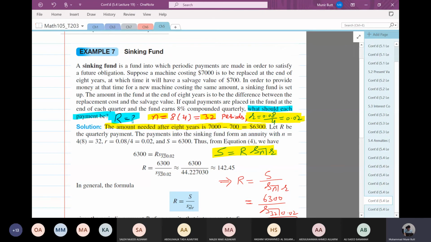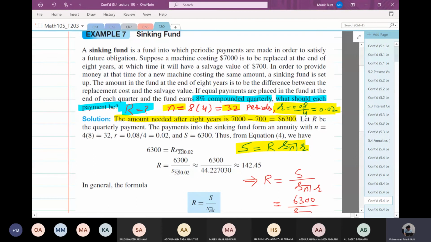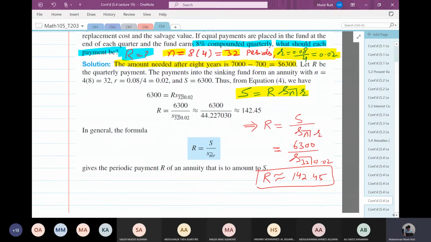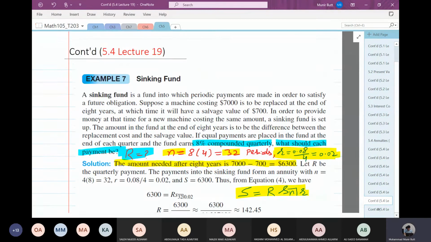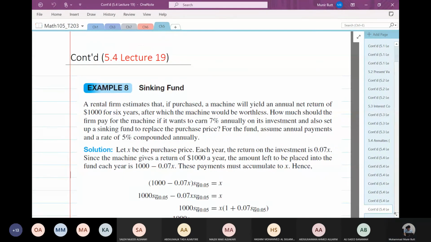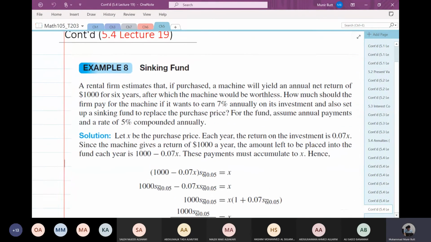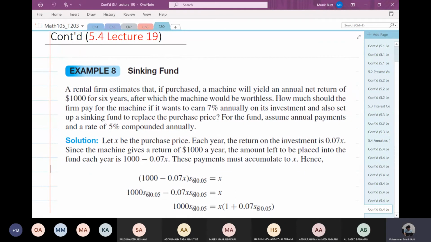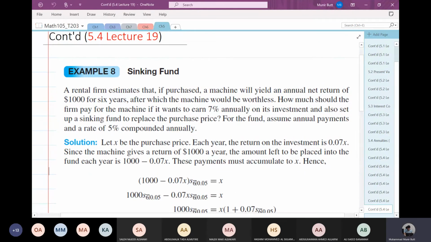So we are interested in finding what is R. Okay, if this is clear, then I ask you to have a look at another question and try to understand and let me know what is the solution.